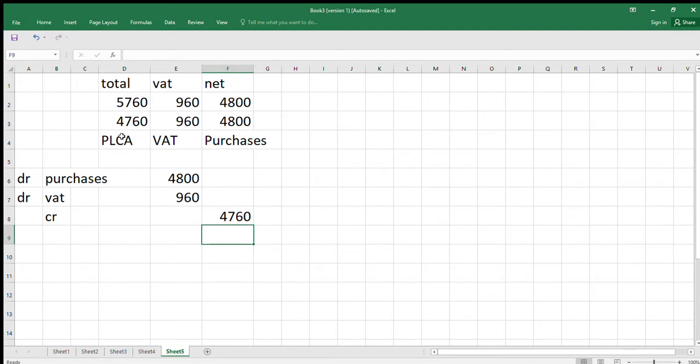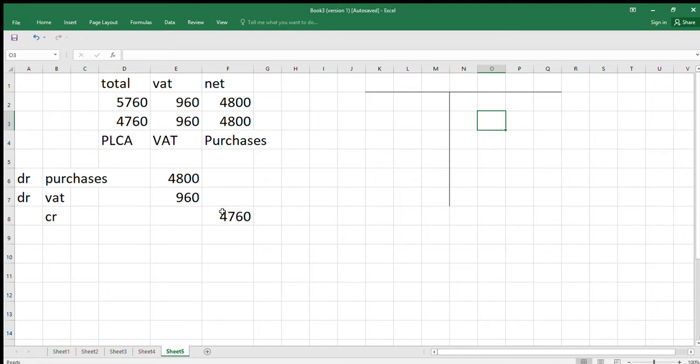Right, okay. Record the journal entry needed to remove the incorrect entry and record the correct entry. So to remove the incorrect, that's what's going to have happened there. If I put the suspense account over here, it should have been credit 5760.